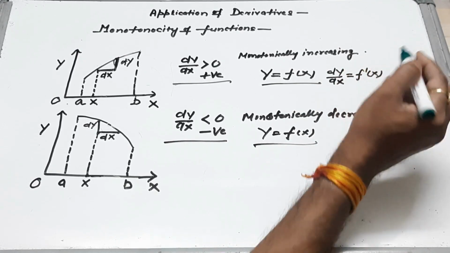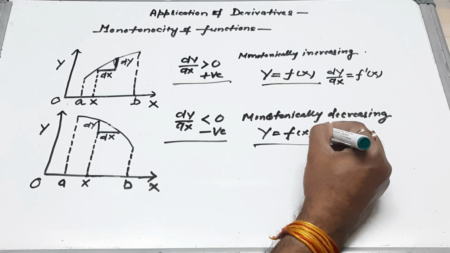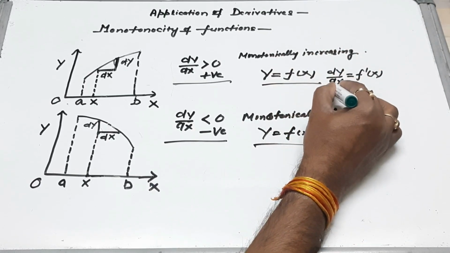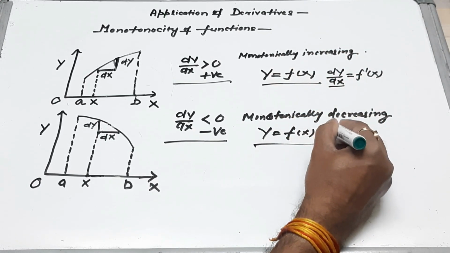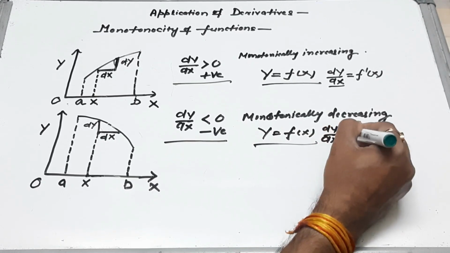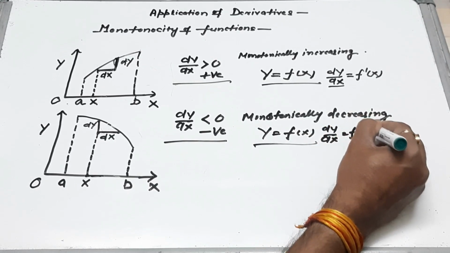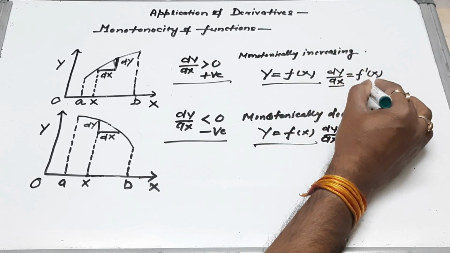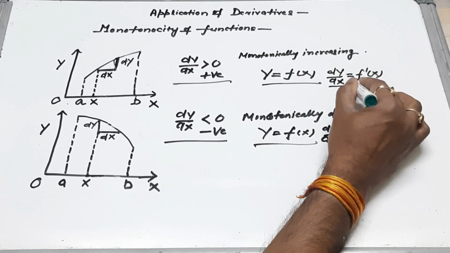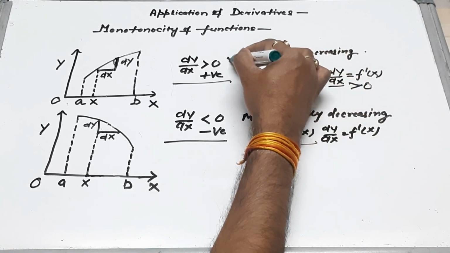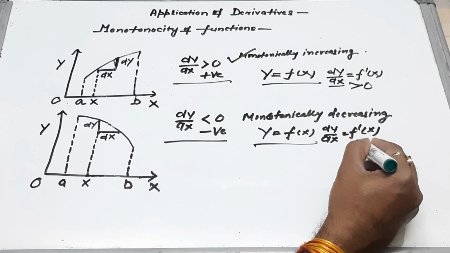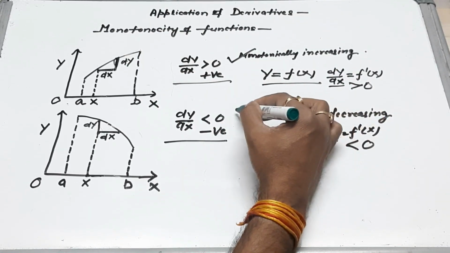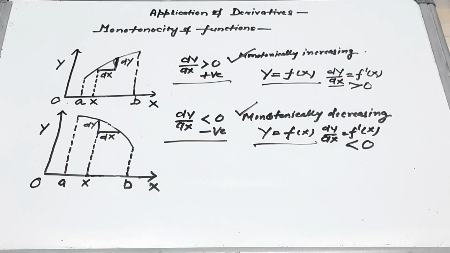So whatever the function is given, your first target should be to find out its differential. Dy by dx is equal to f dash x, and if this comes greater than 0, monotonically increasing function. If it comes less than 0, monotonically decreasing function. That is the concept you have to understand. Correct? Now you got the point.